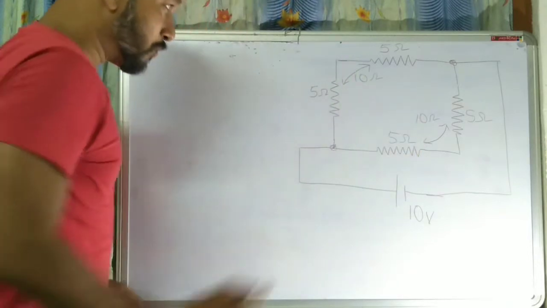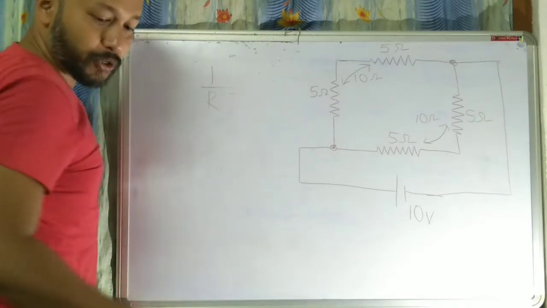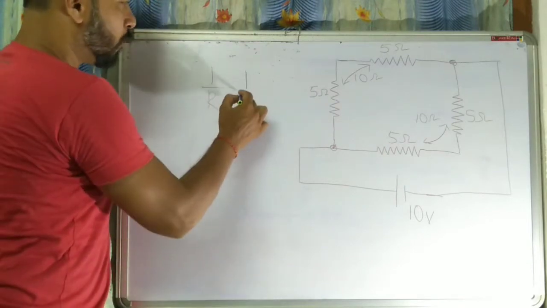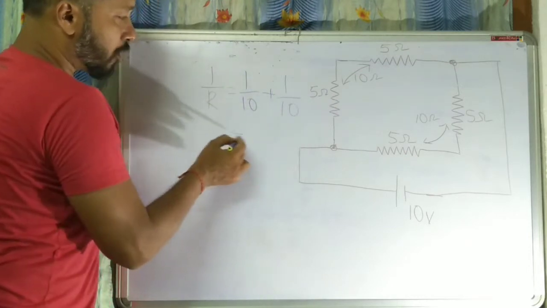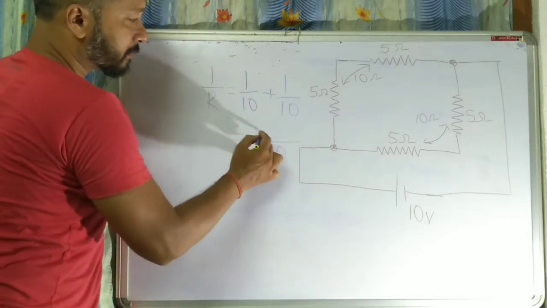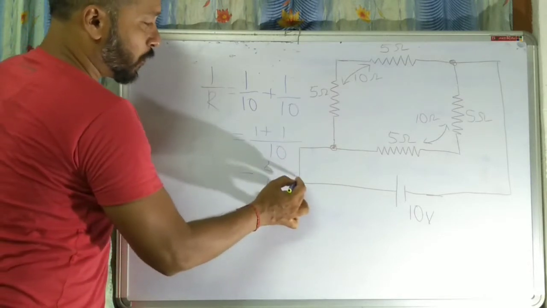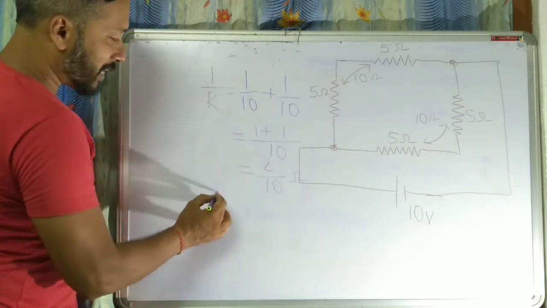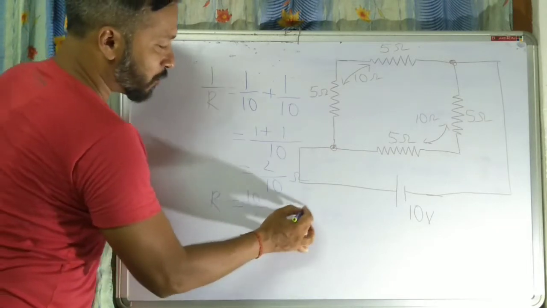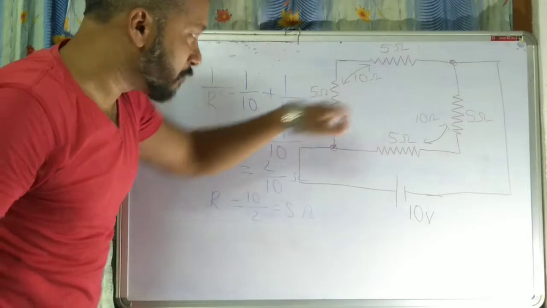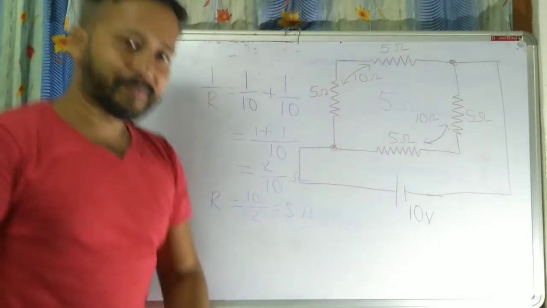What is the total resistance? 1 by R equal to 1 by 10 plus 1 by 10. Solve it. Equal to 2 by 10 ohm. So R equal to 10 by 2, that is 5 ohm. So we are getting 5 ohm, the total resistance of this circuit.